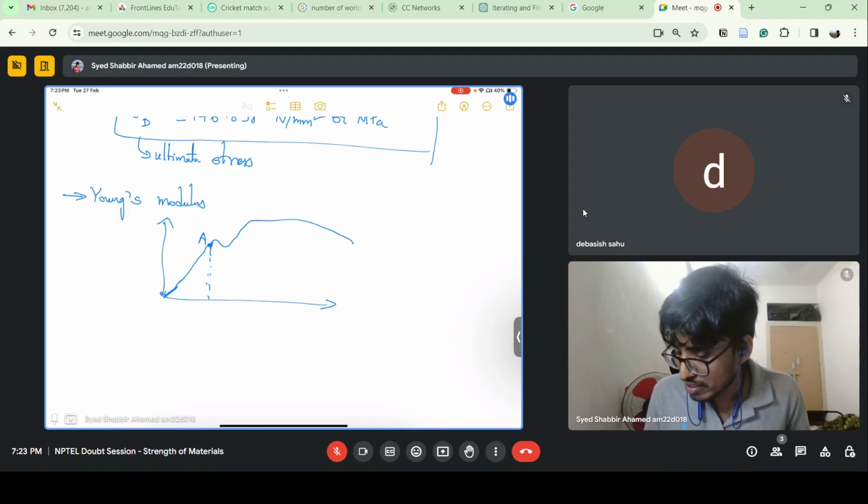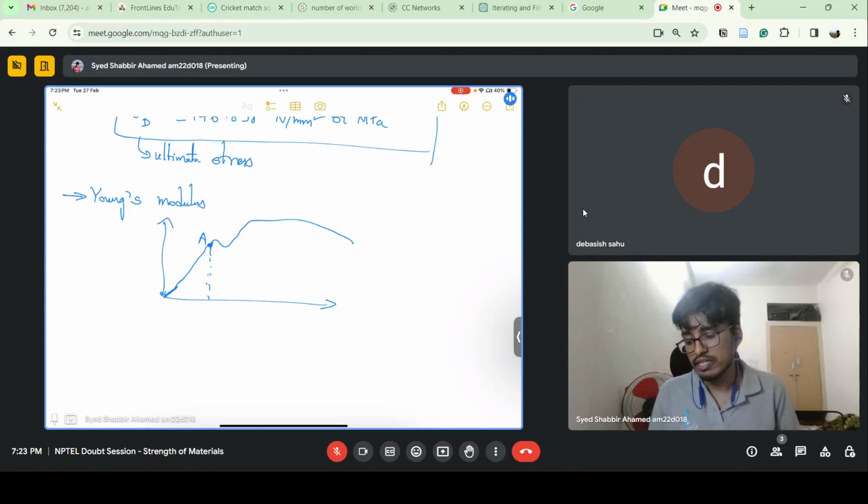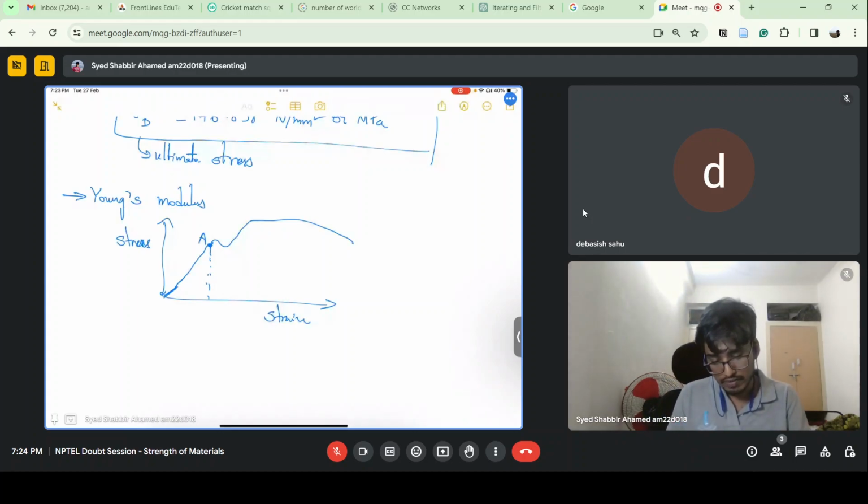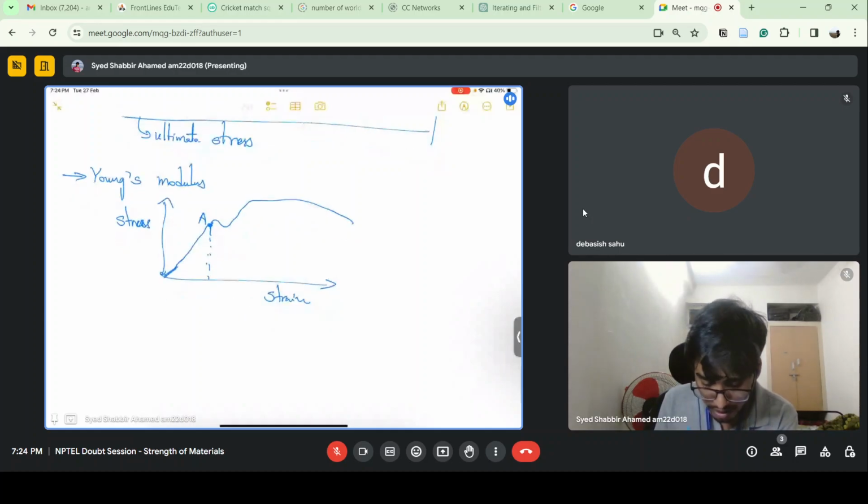So always the stress axis is taken on the y direction and strain is taken on the x direction. This is basically a convention which has been followed. Strain is the independent quantity, on the x direction, and stress, on the y direction, is the dependent quantity.